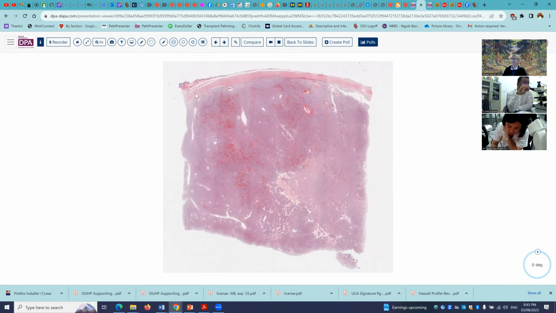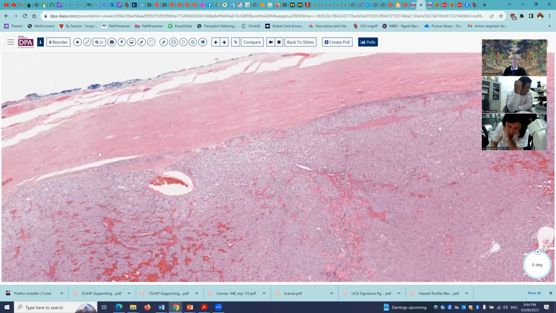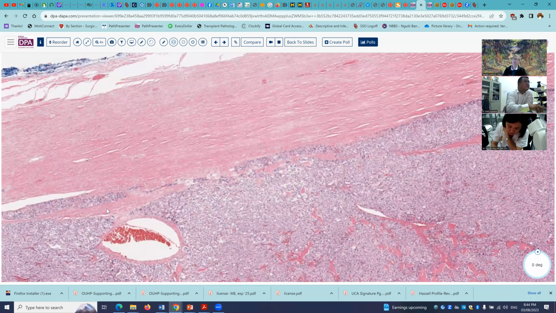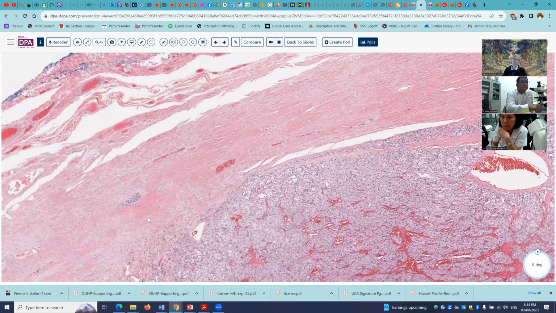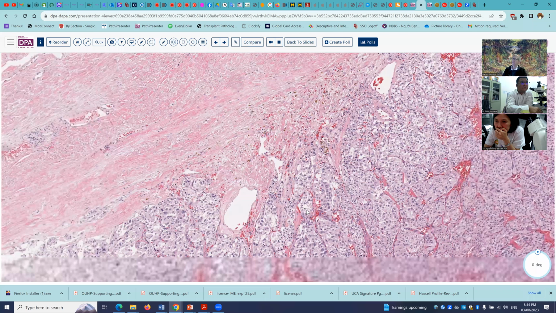So here's one from the adrenal, and as we see here, I like to look at the periphery of these lesions to identify residual areas of adrenal cortex that have been compressed, and you can see maybe just a little bit of that here in a few areas. Well, it's not showing up very well.